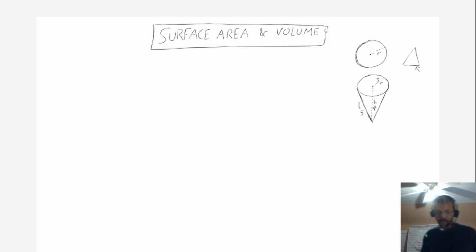So let's take our cone and let's actually lay it on a coordinate plane. And we want the center to go through the x-axis.